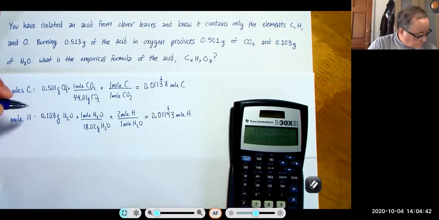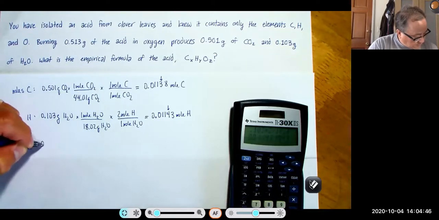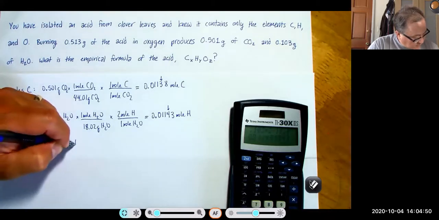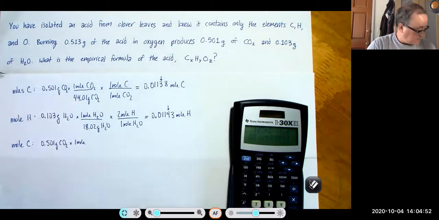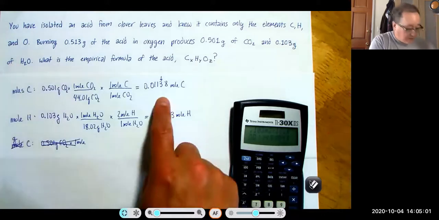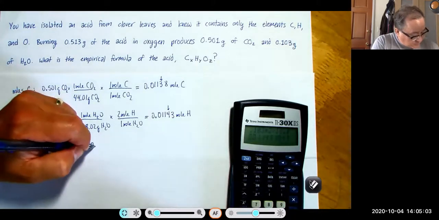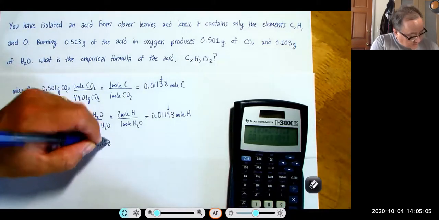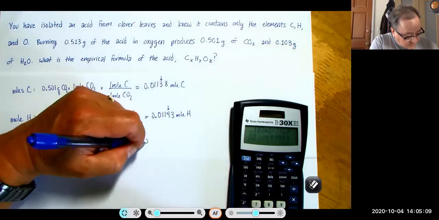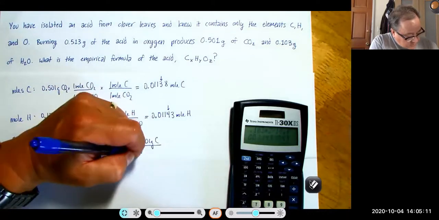Now we need the mass of carbon. Oh, I'm sorry. We need the grams of carbon. So I'm going to take this number here, 0.01138 mole of carbon, and multiply by 12.01 grams of carbon to 1 mole of carbon.